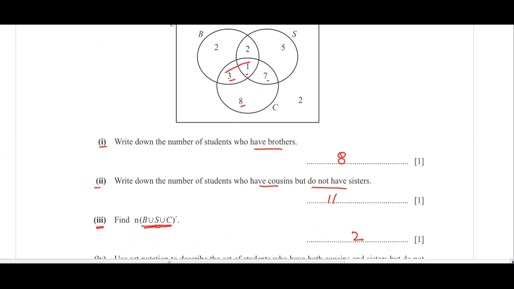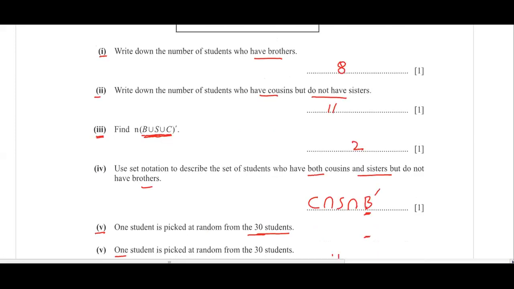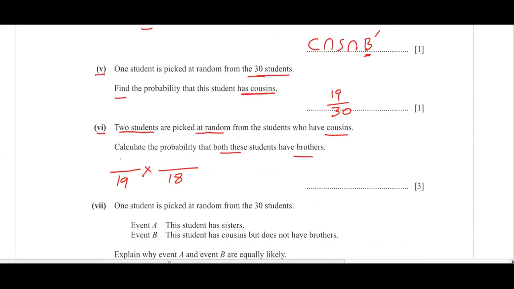For brothers, how many are there? 4 are there, because cousins and brothers. So when it was the first pick, there were 4 out of 19, but one student is taken, so the remaining will be 3, and the total is 18 now.